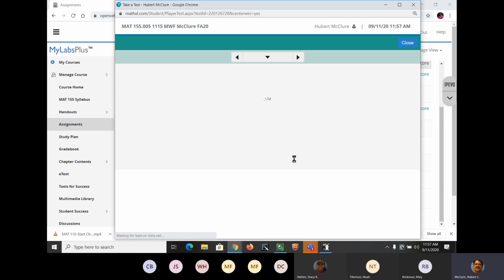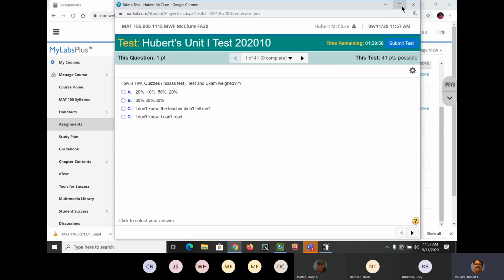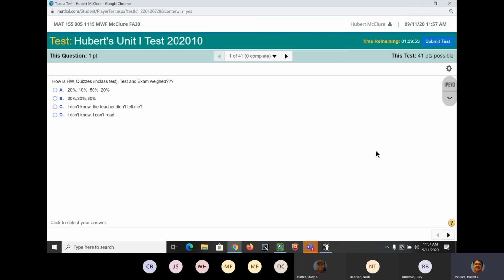Now, 2 or 3 things about the test. Number one, first thing I would do is maximize it. That way you won't be tempted to go outside the test area. Because if you go outside the test area and go to your homework, or go to Khan Academy, or Wolfram, or if you click out of the test area, then the test will cease to exist.